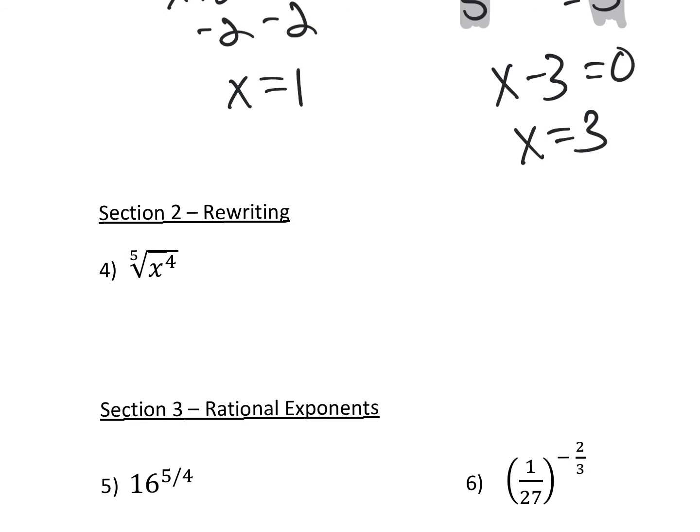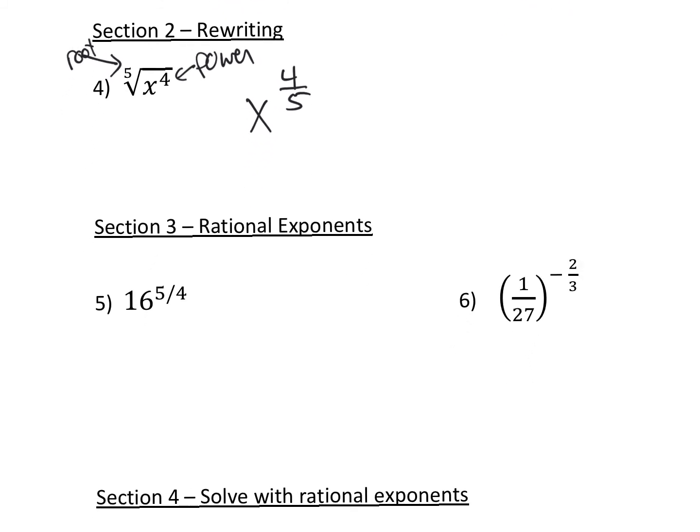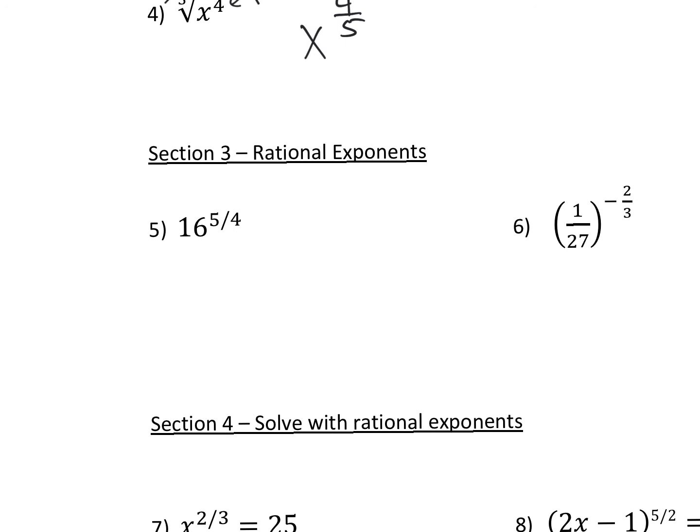We had some rewriting where we're going to write this as x to the 4/5. Remember, this is your root and this is your power. So this is the same as x to the 4/5 exponent. Rational exponents, again, I always have to rewrite these so that they're not sideways fractions. The bottom number is your root, top number is your power.